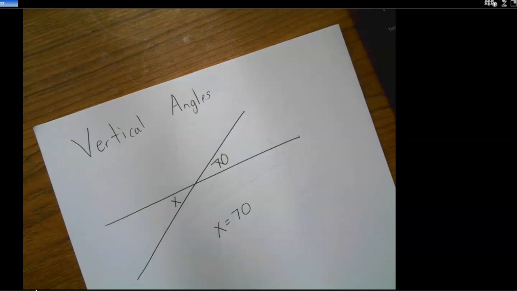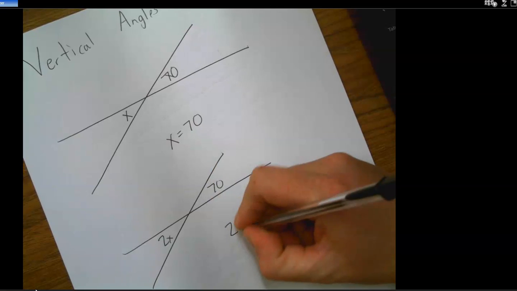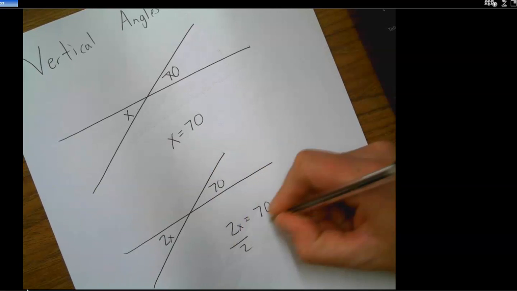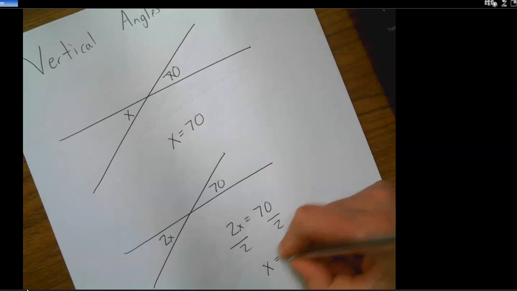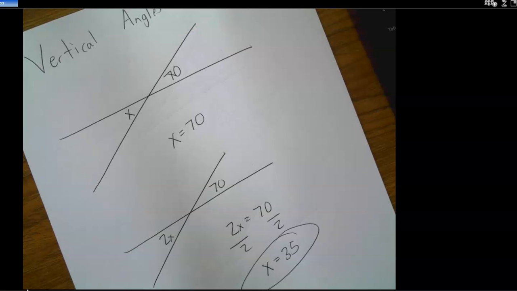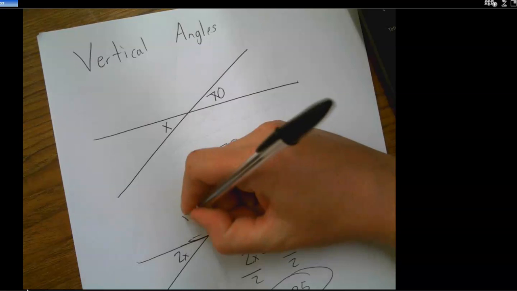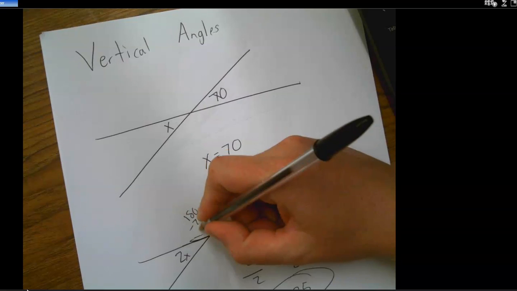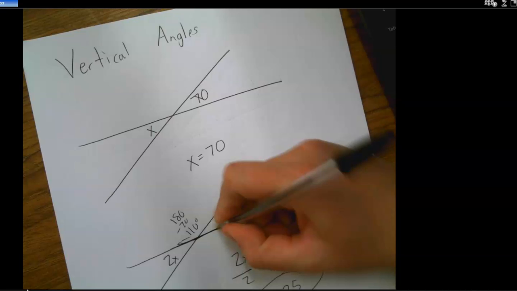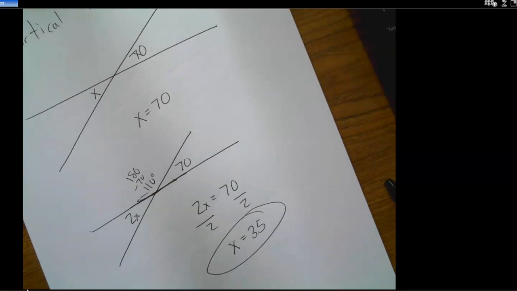If I had that this was 2x and this was 70, then it would be 2x equals 70, divided by 2, x equals 35. And that is vertical angles. Please note that with vertical angles, you can also do supplementary, because 180 minus 70 would mean that angle is 110 using supplementary, vertical, or cross. Those are the four main types. You've got complementary, supplementary, vertical, and adjacent.